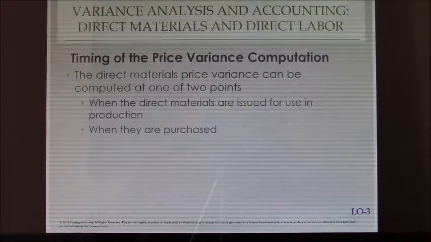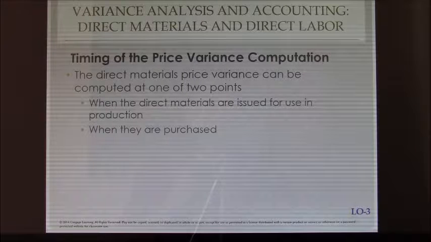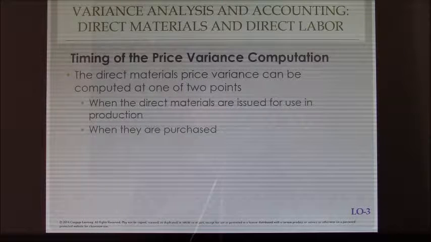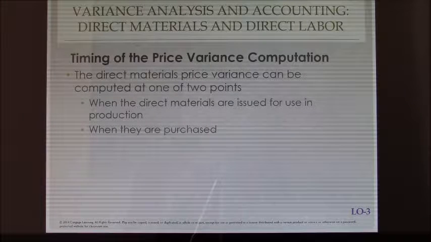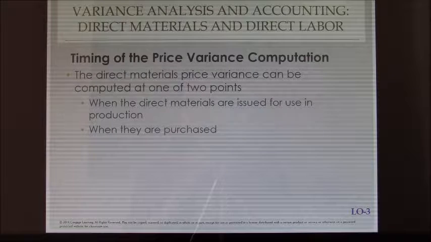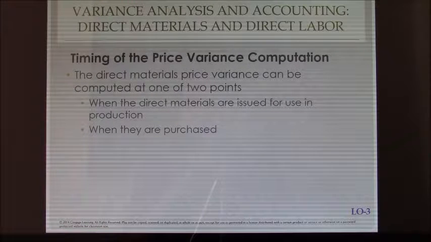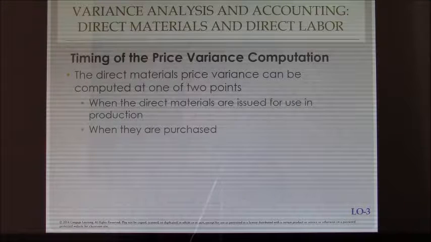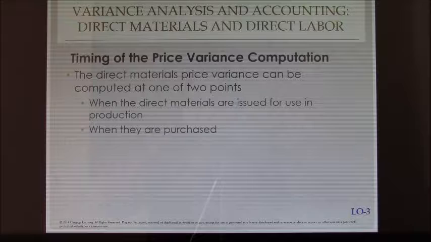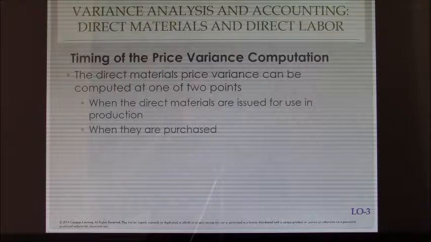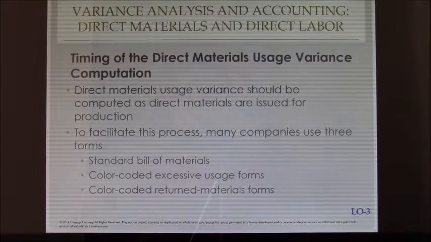All right. When do you do this? Well, you can wait until you post the transactions. So you'll recognize that variance either when you move them into production or when they're purchased. Obviously you don't know until you use them, but you can put them into production.